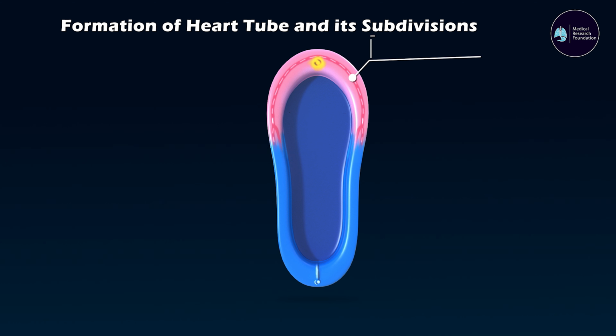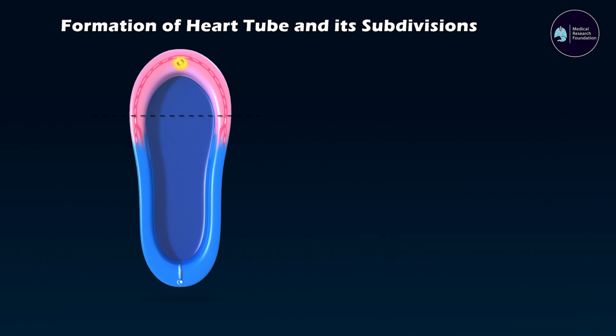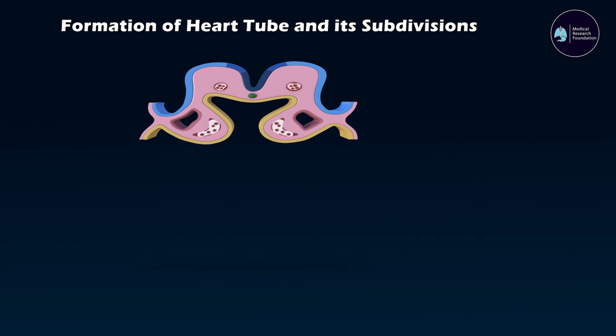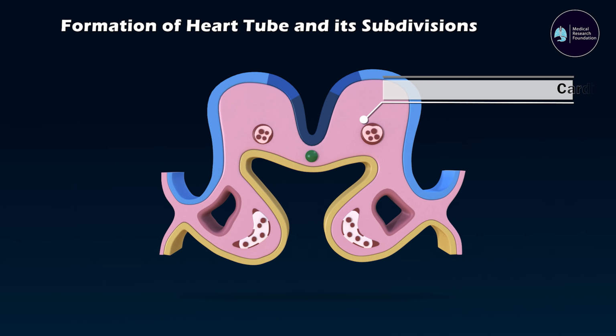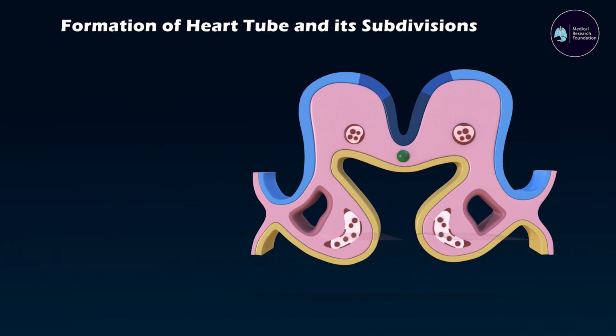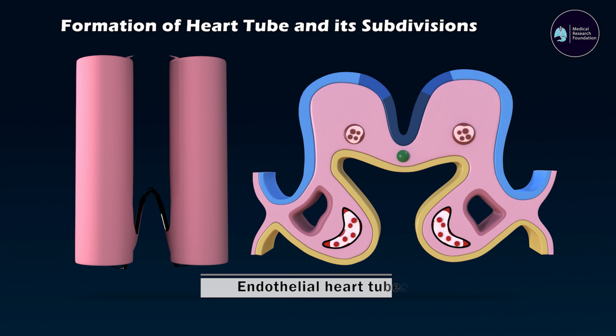The mesenchymal cells in the cardiogenic area, located ventral to the developing pericardial cavity, condense to form two angioblastic cords called cardiogenic cords. These cords get canalized to form two endothelial heart tubes.